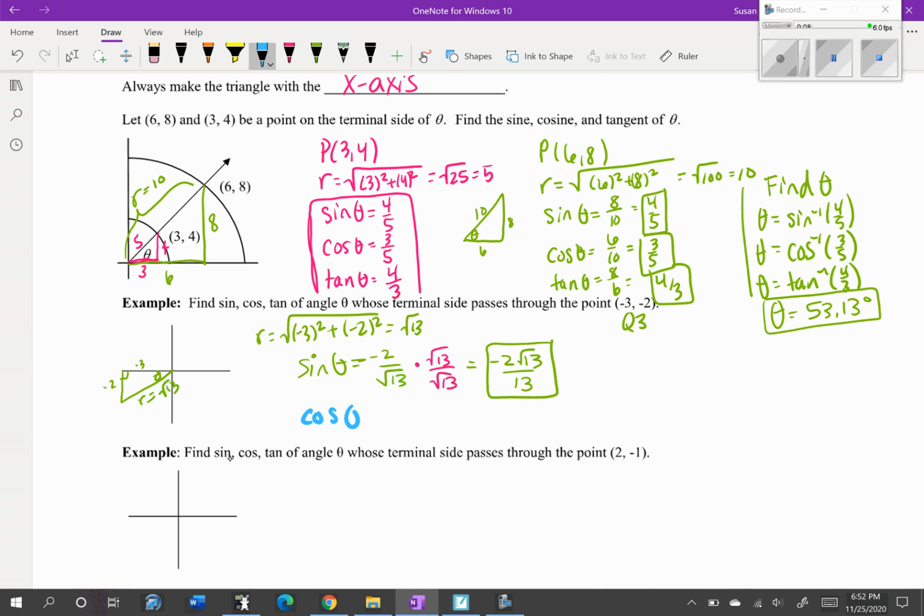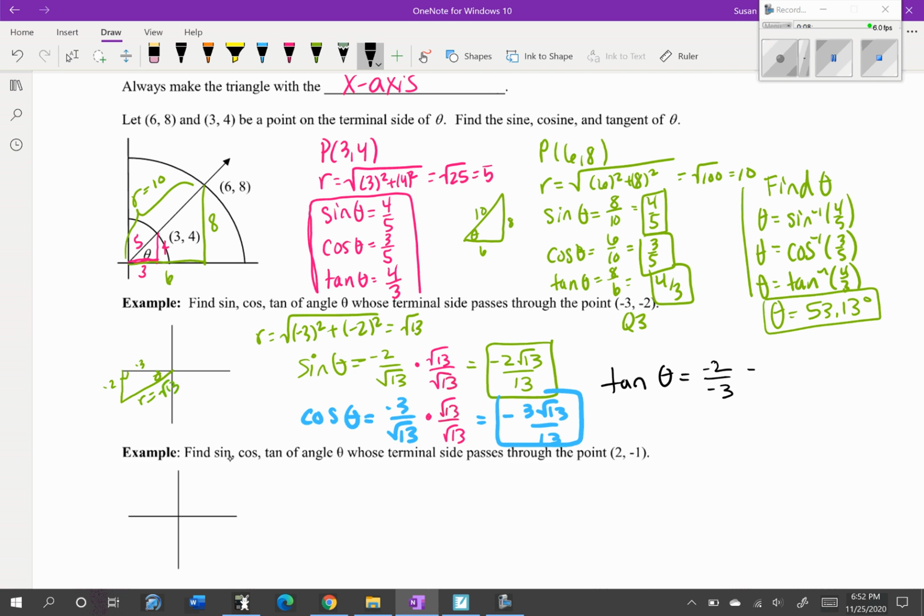The cosine of the angle would be equal to adjacent over the hypotenuse. Again, we need to rationalize that by multiplying by the square root of 13 over the square root of 13. So that gives us -3 root 13 over 13 for the cosine. And the tangent of the angle theta would be equal to opposite over adjacent.